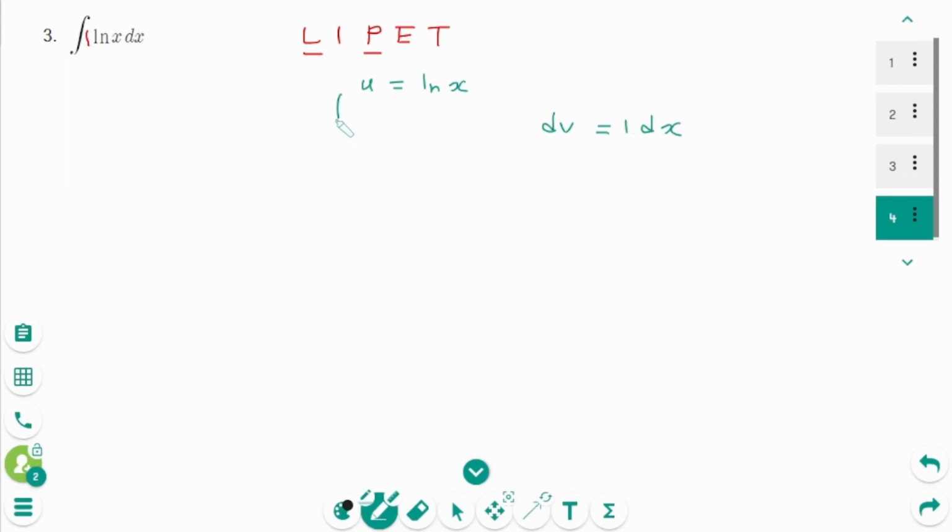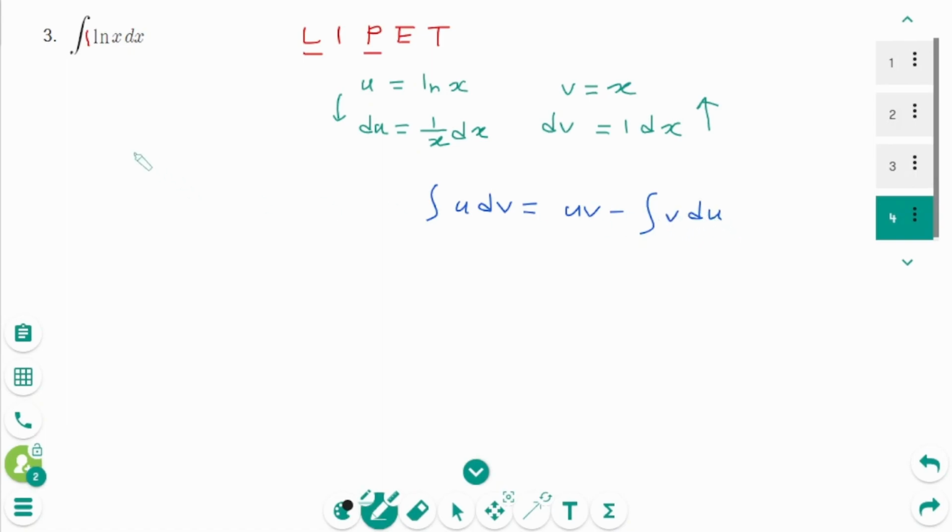Then derive on each side, du equals 1 over x dx. Integrate on each side, v equals x. Now use the formula. The integral of u dv equals uv minus the integral of v du.